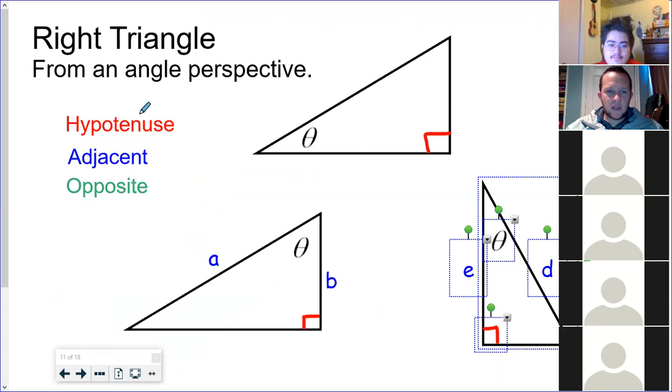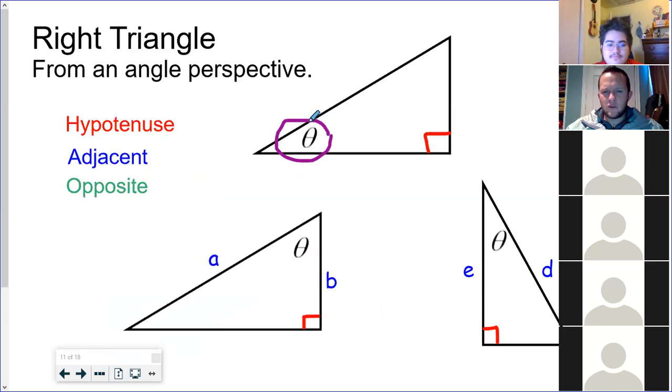Now, that's going to be based on this guy's perspective. So what is the name of this guy? Someone unmute and shout out, what is the name of that guy? Anybody know, it's a Greek letter?